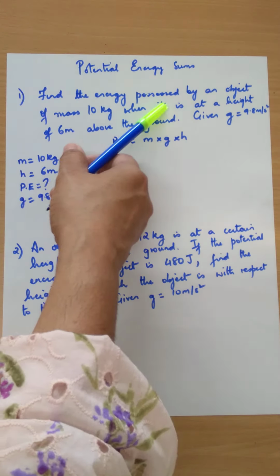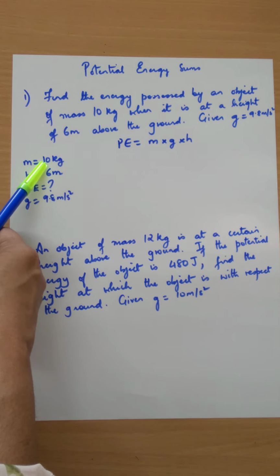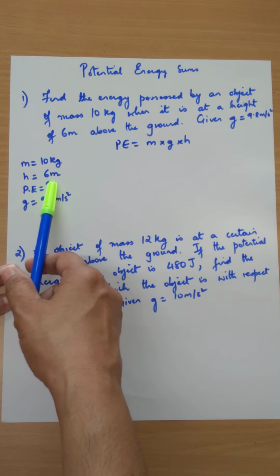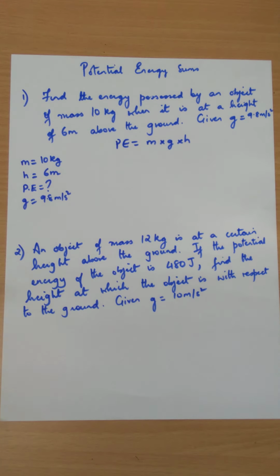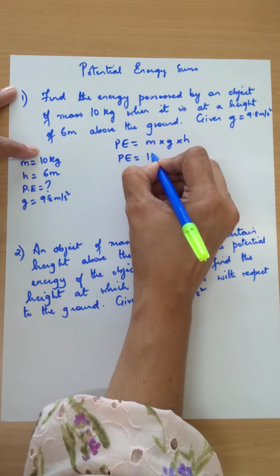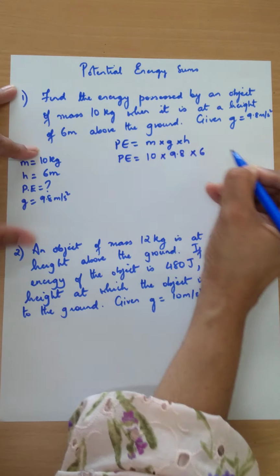So find the energy possessed by an object of mass 10 kg. So mass of the object is 10 kg, when it is at a height of 6 meters from the ground, so height is 6 meters. Given g is 9.8, you have to find potential energy. So potential energy is equal to m, which is 10, multiplied by 9.8, multiplied by 6.